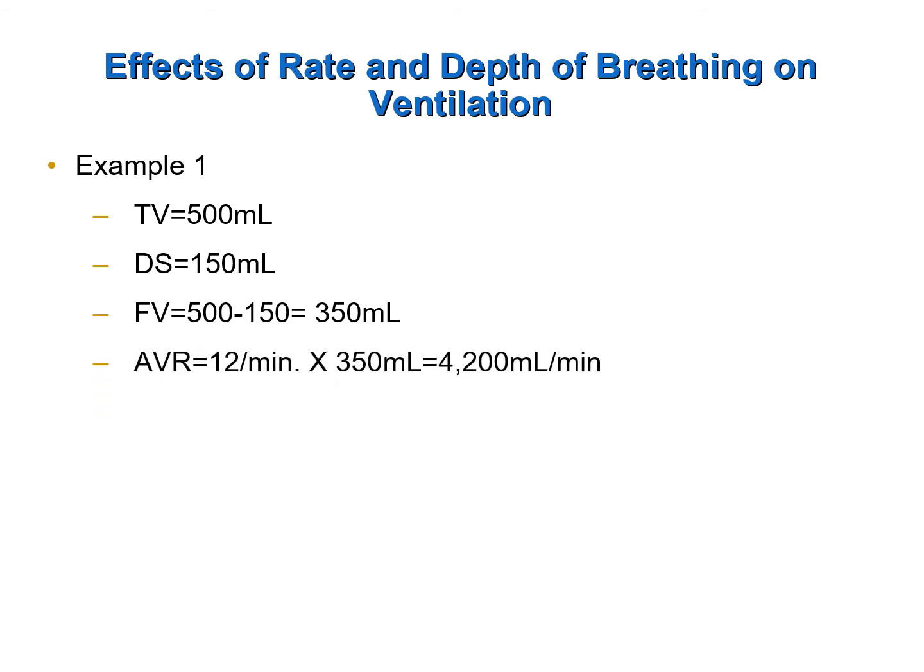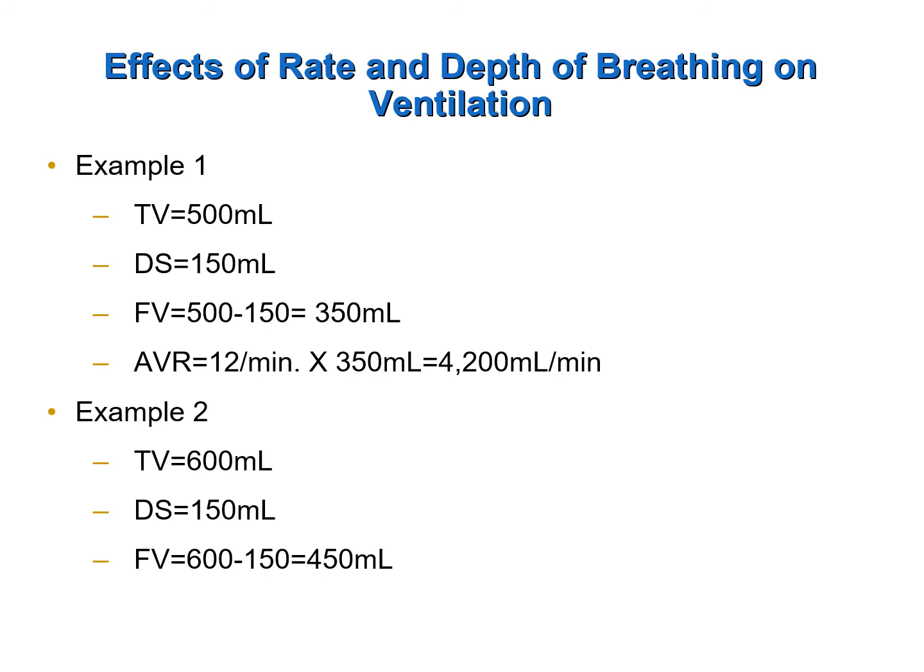If we take that functional volume and multiply it by 12 breaths per minute, we get an alveolar ventilation rate of 4,200 milliliters of air. That's the amount or volume of air that's available to participate in gas exchange across the respiratory membrane per minute for example 1.